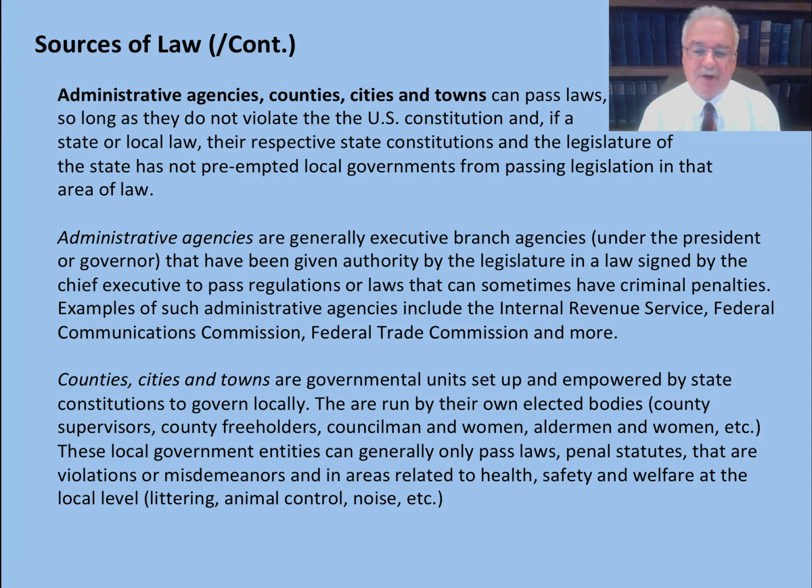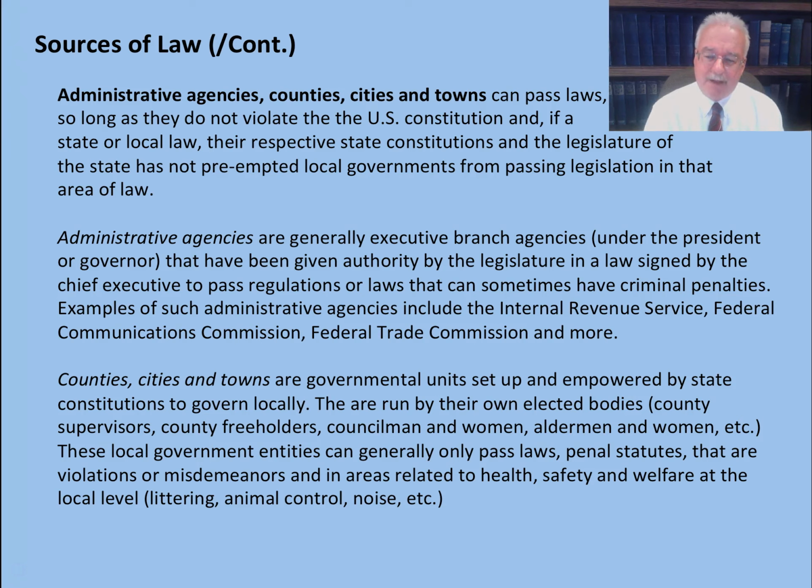Administrative agencies are generally executive branch agencies under the president or governor that have been given authority by the legislature in a law signed by the chief executive to pass regulations or laws that can sometimes have criminal penalties. Examples of such administrative agencies include the Internal Revenue Service, the Federal Communications Commission, Federal Trade Commission, and others.